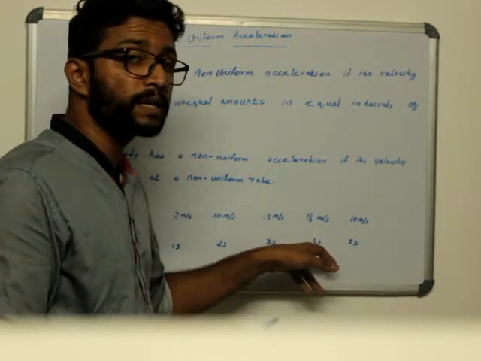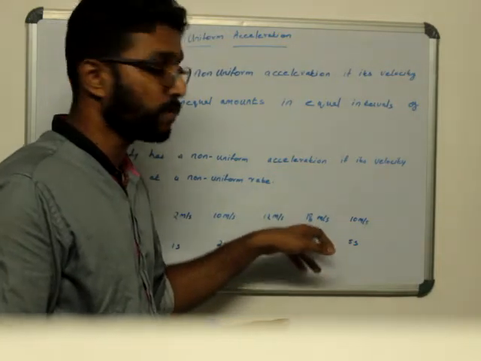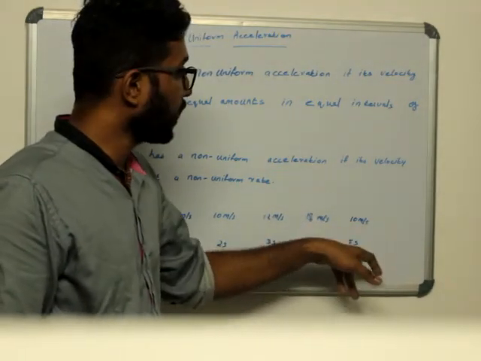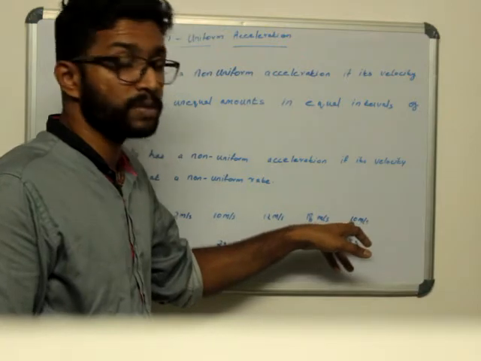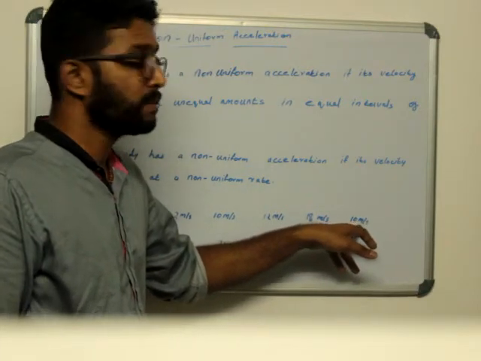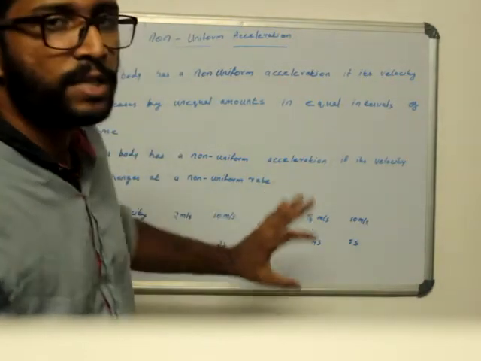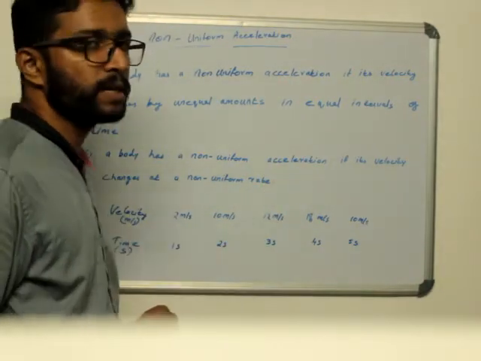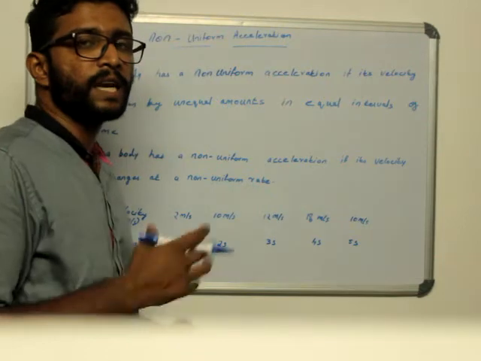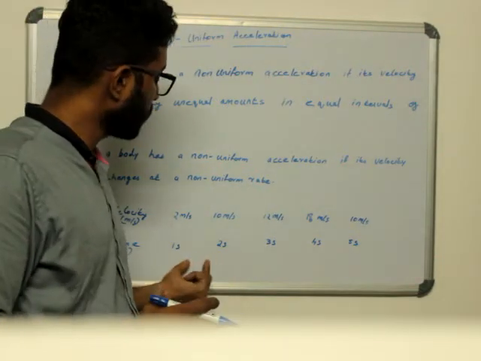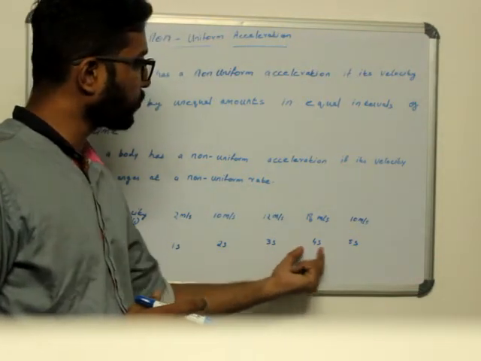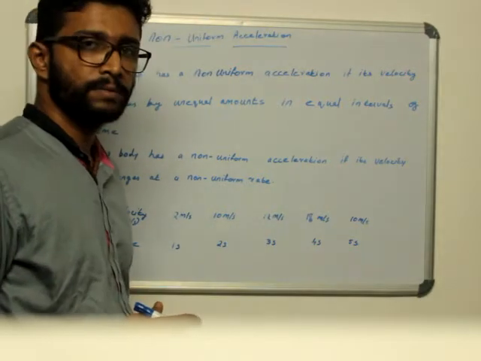Then in the fourth second, a velocity of 18 meters per second. And in the fifth second, a velocity of 10 meters per second. If you consider this, you can find that the change in velocity at equal intervals of time is different.